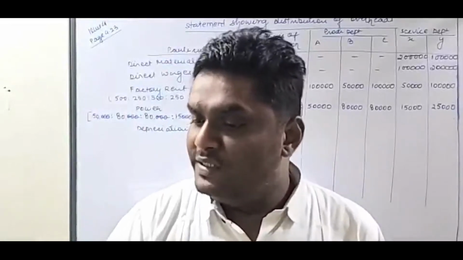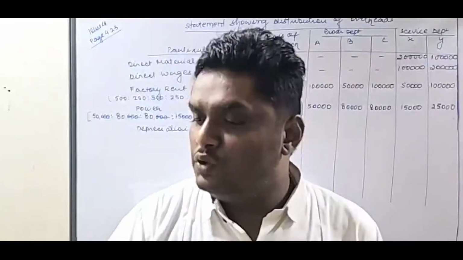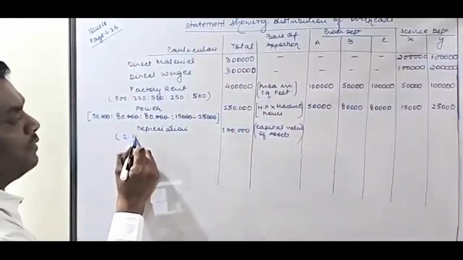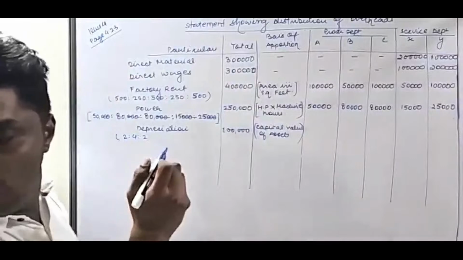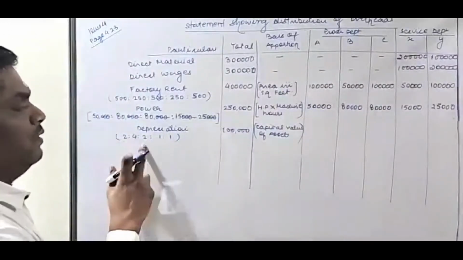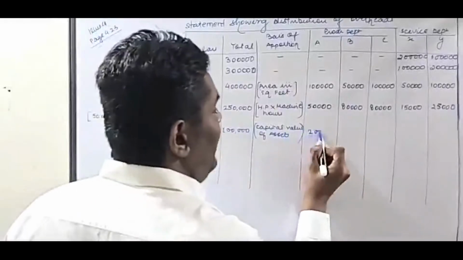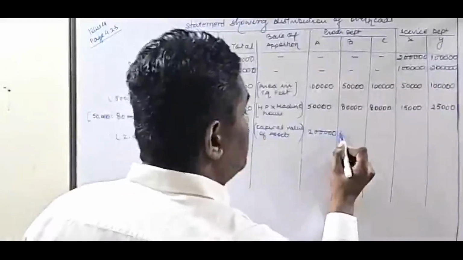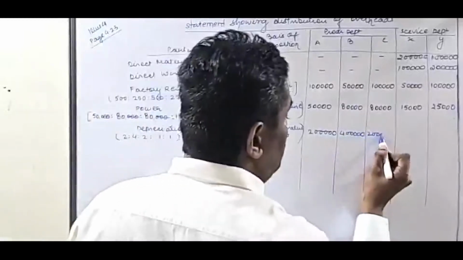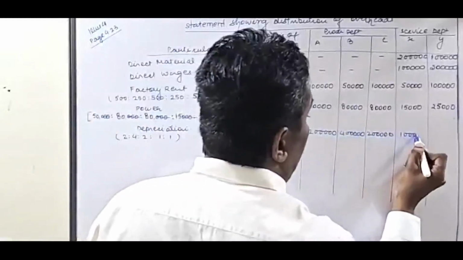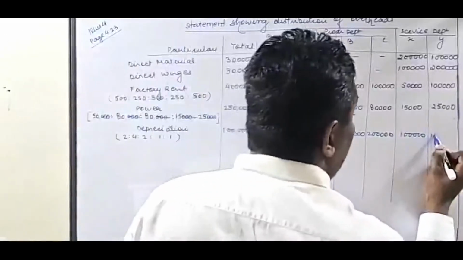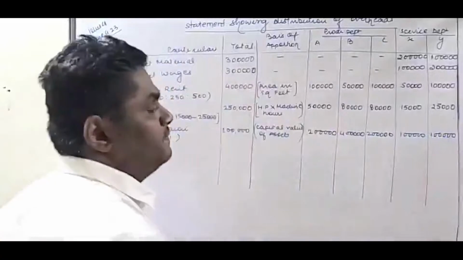The capital value of assets in lakh is given, that is 2:4:2:1:1. So this will be 2 lakh, 4 lakh, 2 lakh, 1 lakh, and 1 lakh.